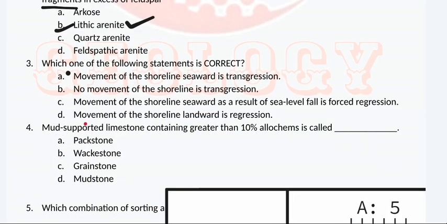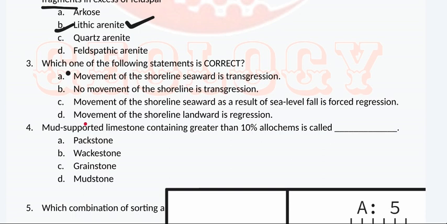Which of the following statements is correct? Movement of the shoreline seaward is transgression. If the shoreline moves seaward, it will be regression. The movement of the shoreline towards the land is transgression.